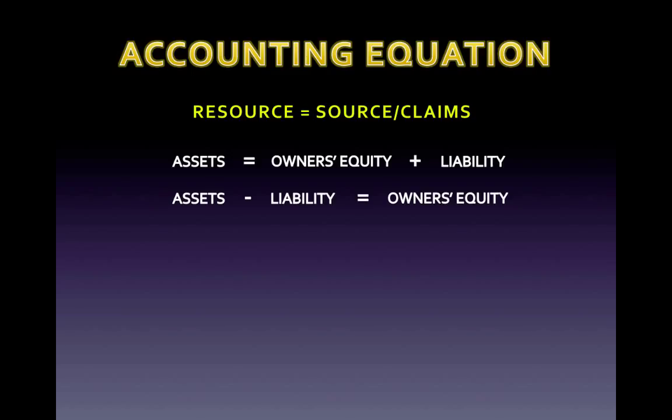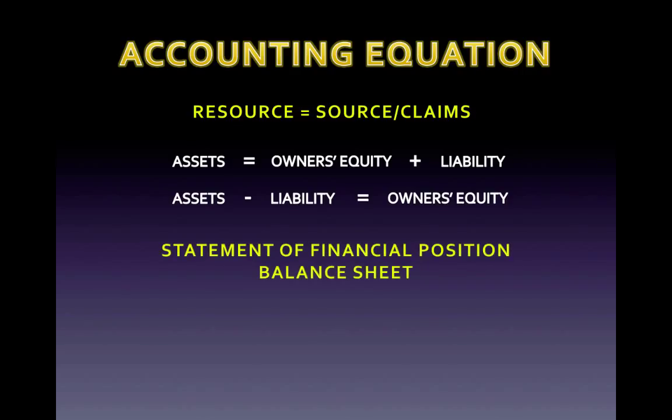So assets less liability is represented by the net owner's claim on these assets. This also shows the owner's net wealth, because whatever assets the business has must first be used to pay off claims other than the owner's. Whatever is left would be the owner's wealth. So that's another interpretation of the accounting equation.